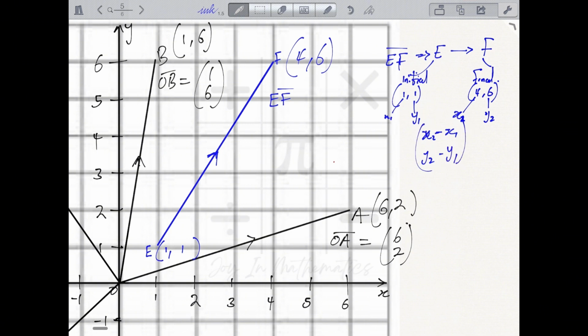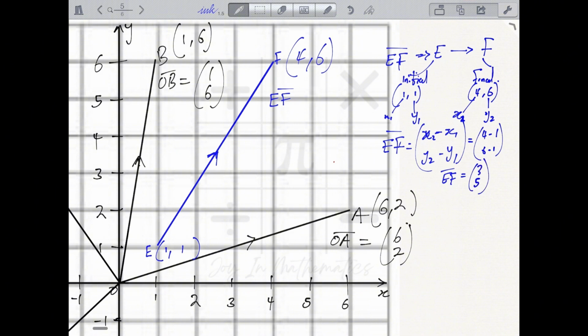So x2 is 4, x1 is 1. Y2 is 6, and likewise y1 is 1. So 4 minus 1, 6 minus 1. When we solve this, we have the vector EF giving us 3, 5.